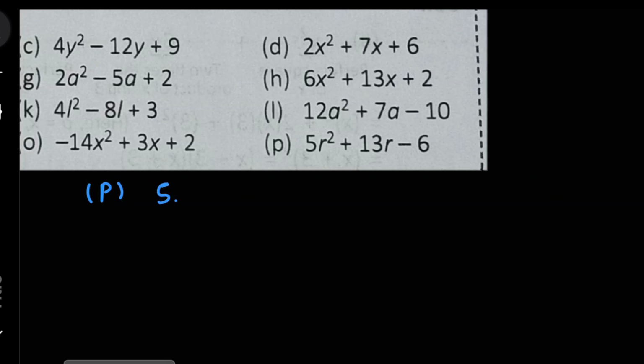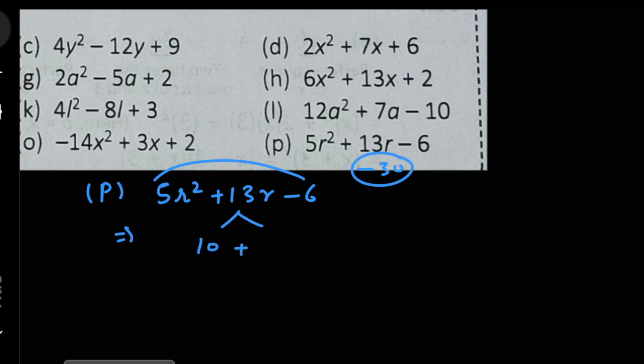So P is 5r square plus 13r minus 6. So 6 fives are 30, and here is minus, so you will get minus 30. So 13 will be split to get minus 30. We can split 13 as 10 plus 3.